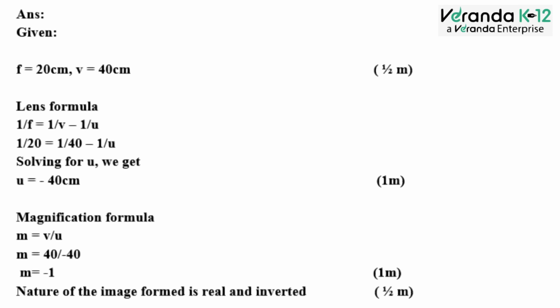The value of v is given in the question as 40 centimeter and the value for u we just now found to be minus 40 centimeter. Substituting those two values, we get m is equal to 40 divided by minus 40, hence m is equal to minus 1. So depending upon the value of v, u and m, we can tell that the nature of the image formed is real and inverted, and the magnification of the lens is minus 1.